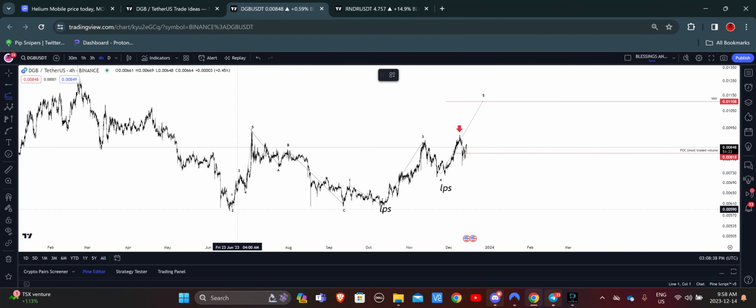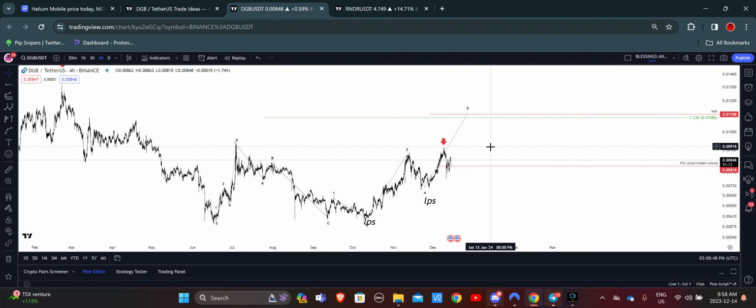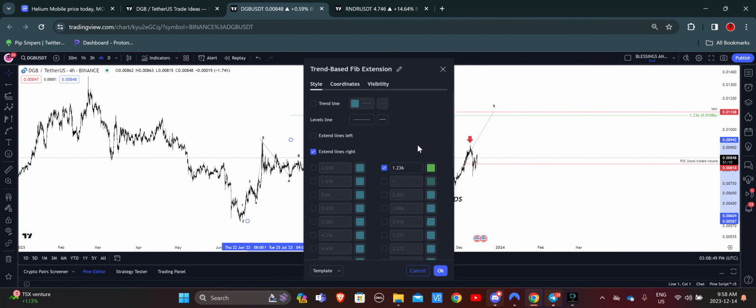Okay, and we can take a trend-based fib from this swing low up to this swing high and down to the counter trend. And we see that your 1.236 is right there sitting at around the value area high. So it wouldn't surprise me that we reach around that area.